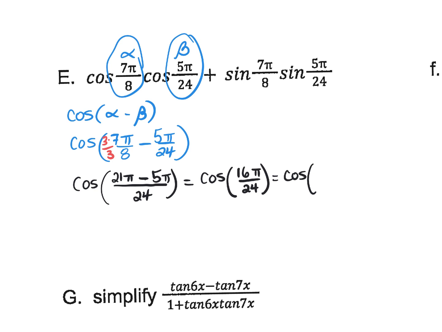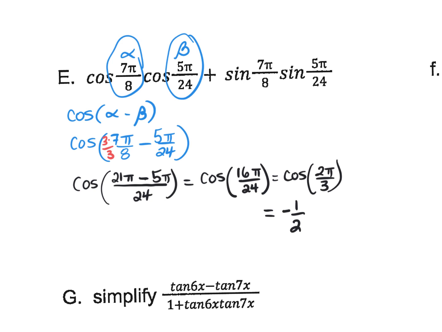What goes into both 16 and 24? 8. So this ends up as 2 pi over 3, which is on the unit circle. What is the cosine of 2 pi over 3? That's a hard question. Where's my unit circle? I get negative 1/2. Yep, and that's the answer.